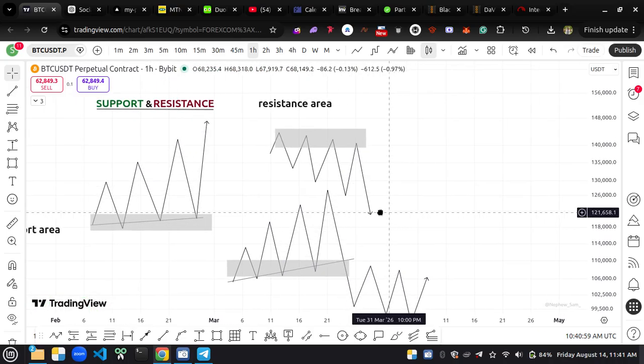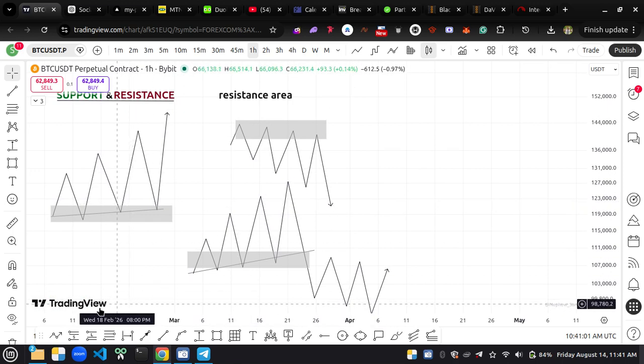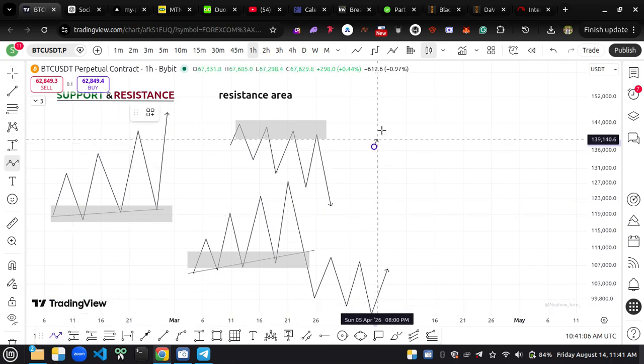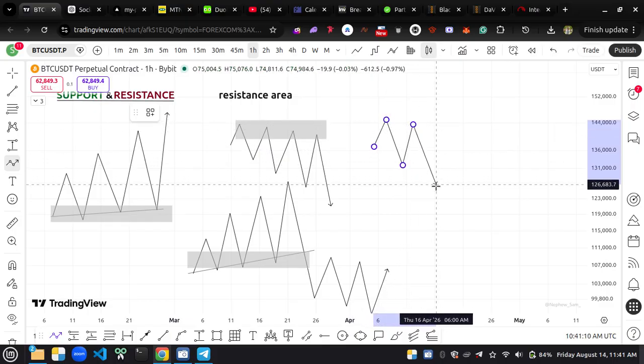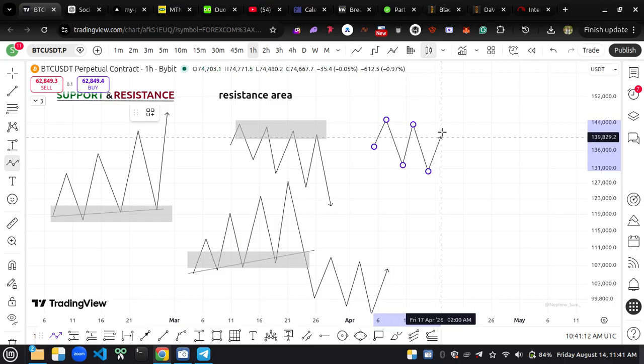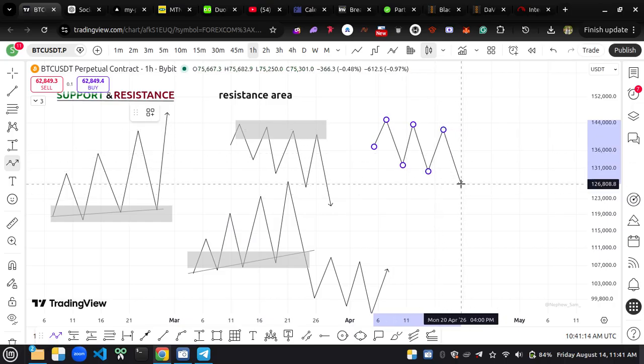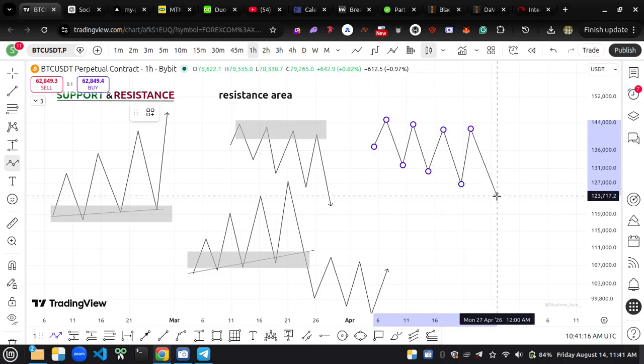Now the same thing would work for the breakout on the resistance level. So on the resistance level, we have something like this, reacting in that same zone, creating lower highs and lower lows, lower highs and lower lows.